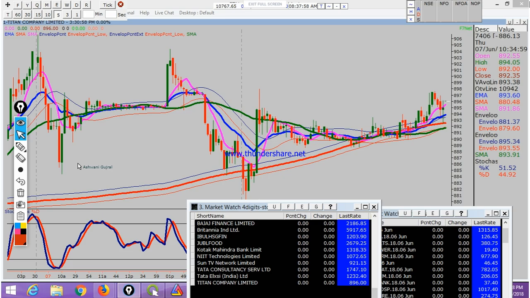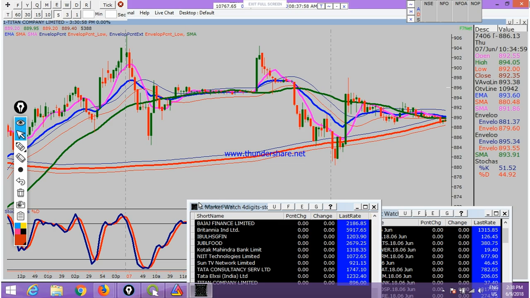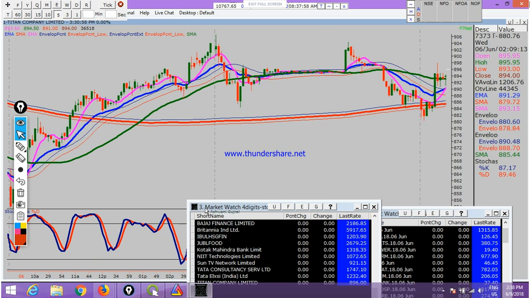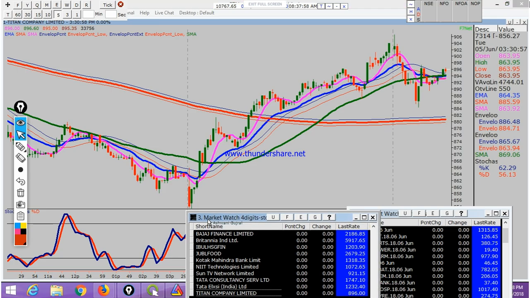List of 10 stocks. These are the stocks I had some days back. See this one. Titan. We are getting a decline.